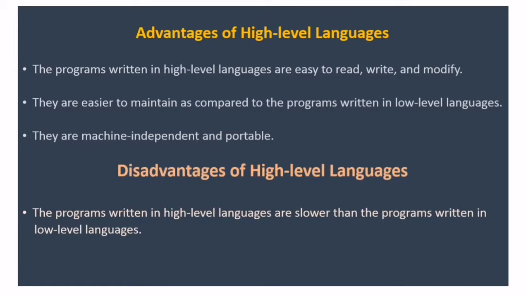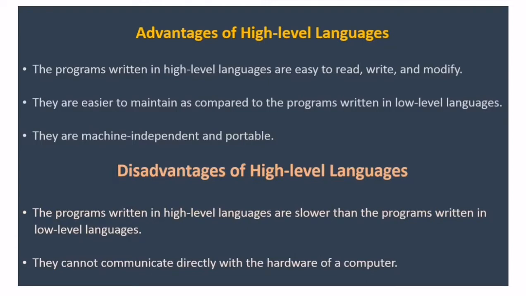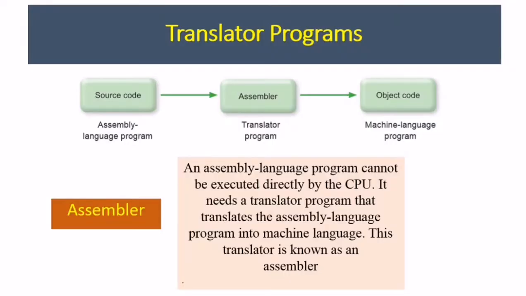They cannot communicate directly with the hardware of a computer. If you write your program in a high level language, it cannot communicate directly with the hardware of the computer system, because the computer understands only machine language.